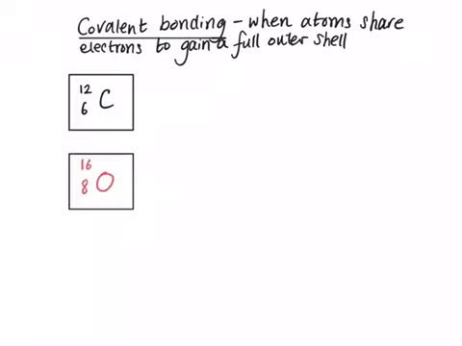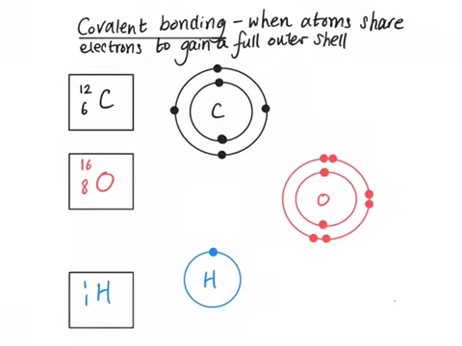So we need to look at the number of electrons everything has. We're going to look at carbon, oxygen, and hydrogen, and look at the electron configuration. Carbon has 6 electrons, so it's 2, 4. Oxygen has 8 electrons, so it's 2, 6. And hydrogen just has 1. Generally, people will only be asked to draw the outer electrons.